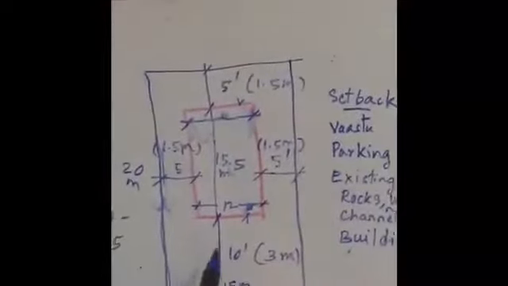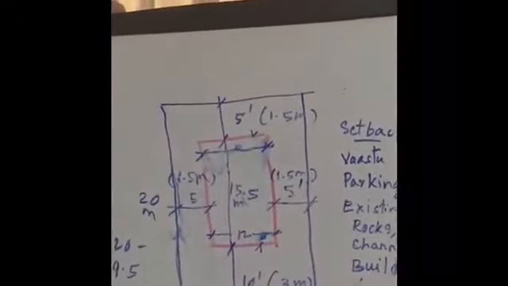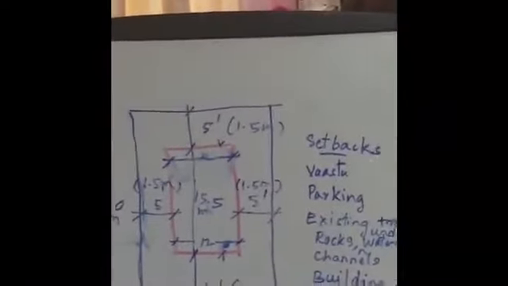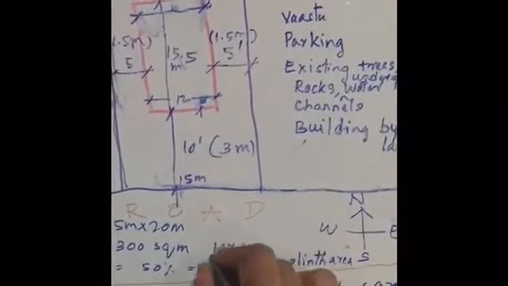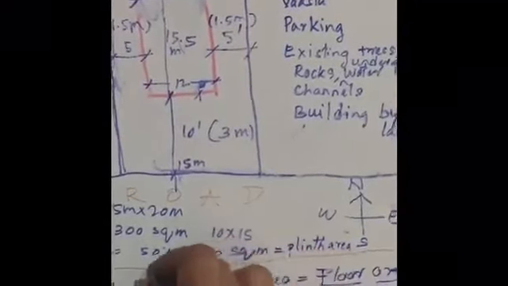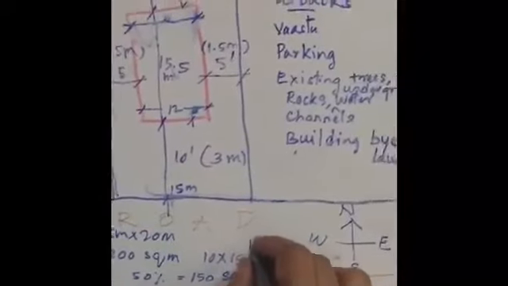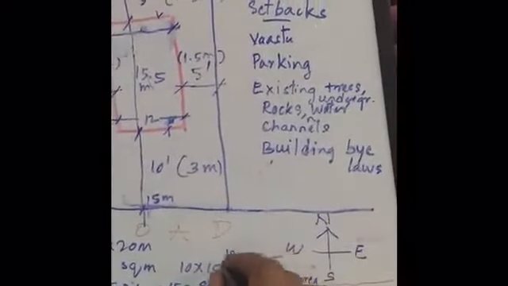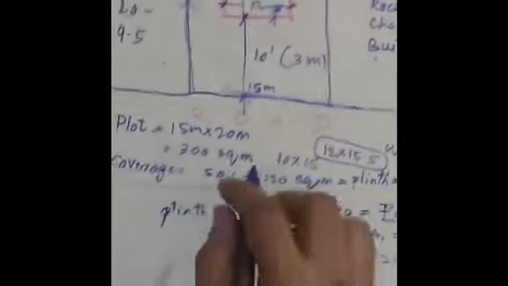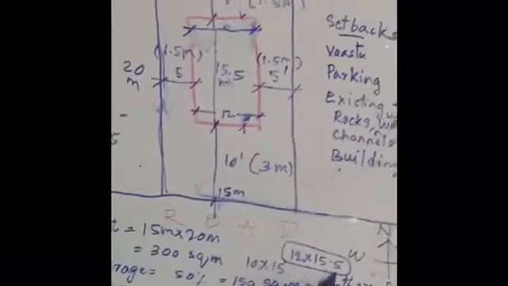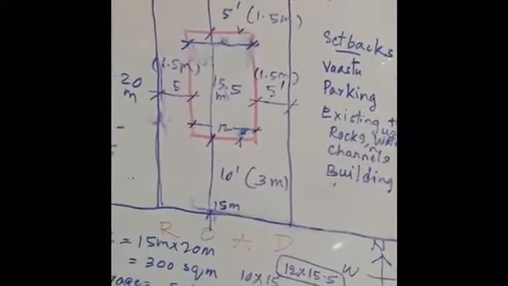Now we can see that the plinth area, instead of 10 by 15, because we are taking out the setbacks, has changed slightly, more than 50%. So it has become 12 by 15.5. So I think if we try to estimate how much percentage, it probably goes up to 60%.